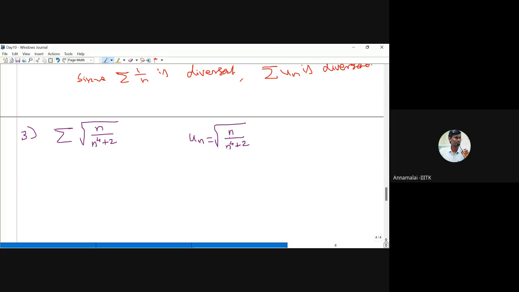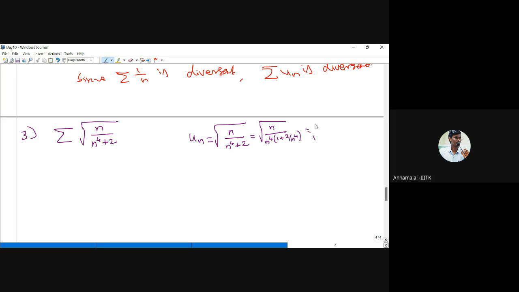I am going to cancel this numerator n and the denominator n. So first you have to try to simplify this. This is equal to n into, if we take n power 4 outside from the denominator, we have 1 plus 2 by n power 4. Now we can cancel n.